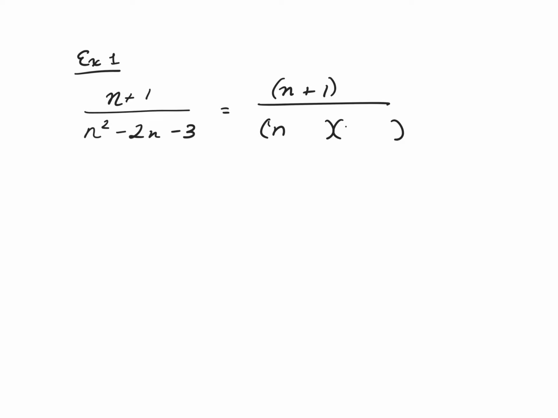So n squared. So I split the n's and I get n plus 1. And then basically I'm checking for factors now of -3 because my leading coefficient is 1. I'm looking for factors of -3 that make -2. And in this problem, if you do -3 times +1, you will get -3, but when you add those factors, you will get -2.